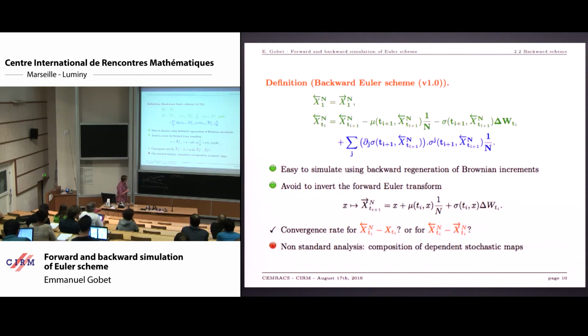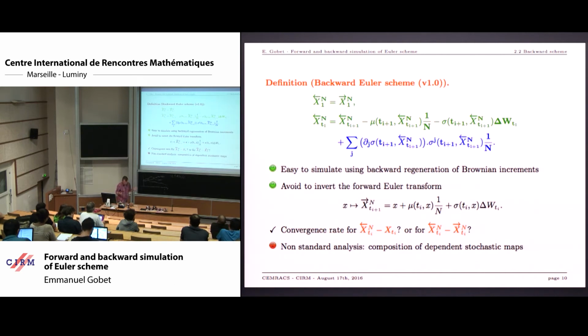Okay, so you see, it is not so easy to analyze. You can imagine why, because here this is an Euler scheme, but the initial value is random and depends on the other Euler scheme. So you use the same Brownian motion to generate the initial point position and then the evolution of this backward scheme.